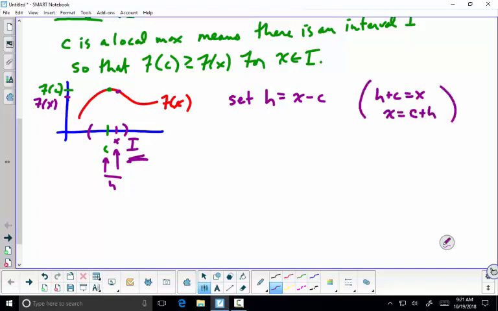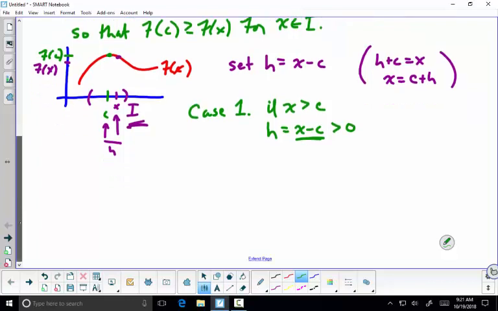So we're going to sometimes write it that way. Okay. So we're now going to break this into two cases. If x is to the right of c, as it is in my picture here, then h, which is equal to x minus c, is always greater than 0, because x is larger than c. Okay, so that's the first case.